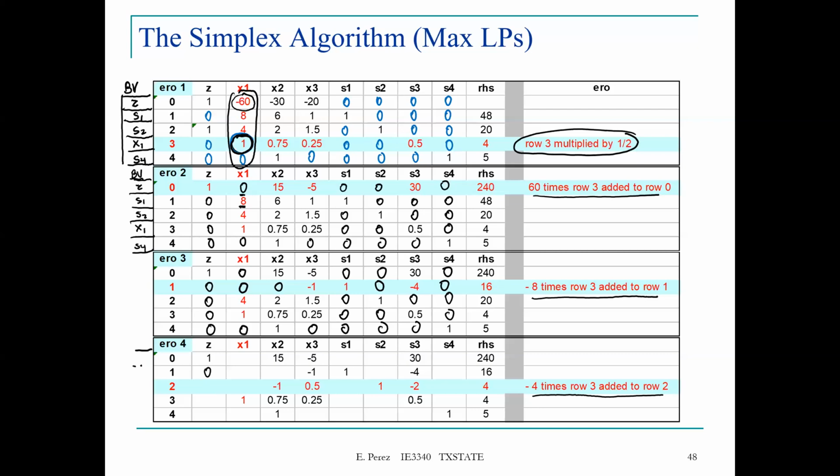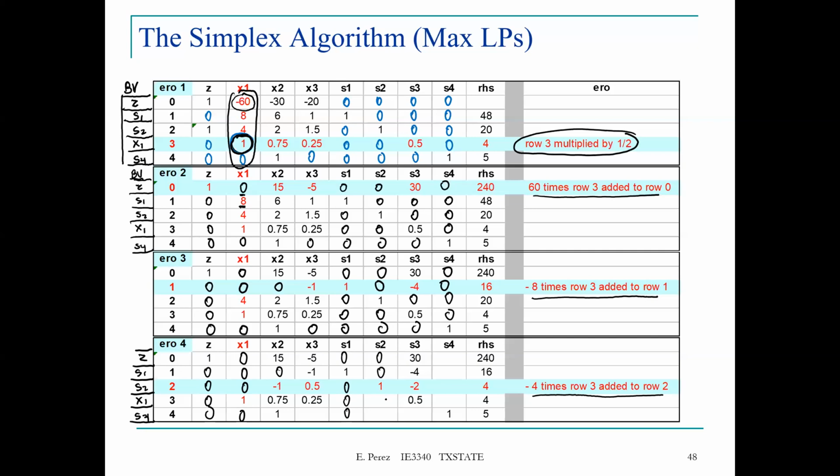And let me keep this here so you understand what we are doing. So this is X1, this is Z, S1, S2, and S4. So now I have this column in the format. I have completed the iteration.